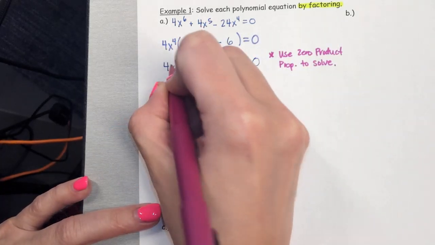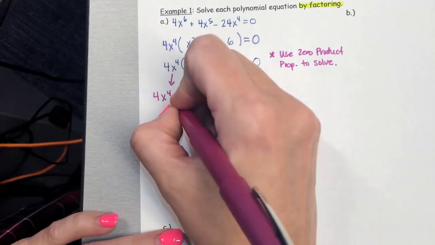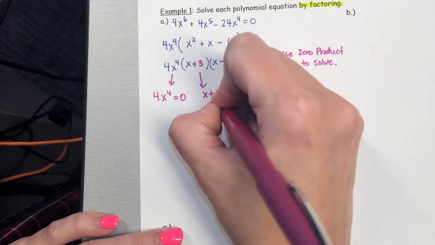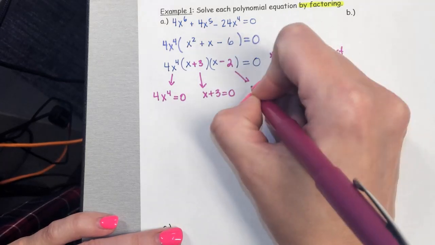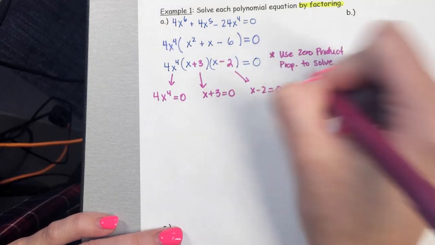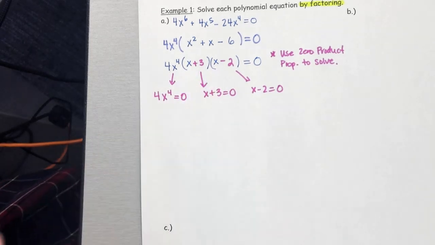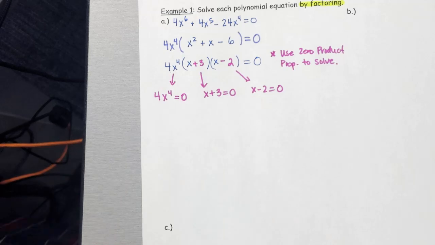So the first term is the 4x to the 4th. That equals 0. The second term is x plus 3, that equals 0. And then the last factor is x minus 2. So you're multiplying 4x to the 4th times x plus 3 times x minus 2. We know that one of these has to be 0.